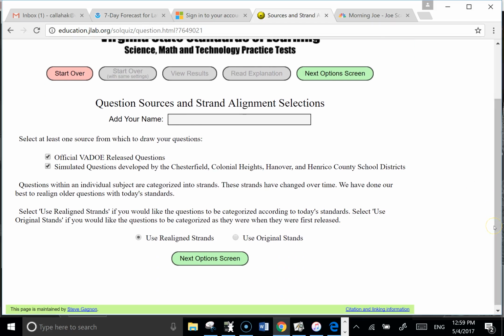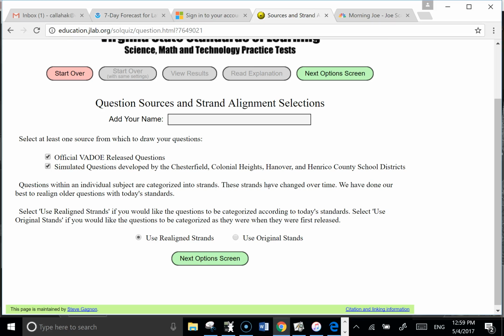If you go through the next options, it offers you the chance to use either the released questions from the Virginia Department of Education or other questions developed by these school divisions. I've done that, and there's only 2011. It's like they thought this was a great idea 6 years ago, but nobody ever followed up with it.